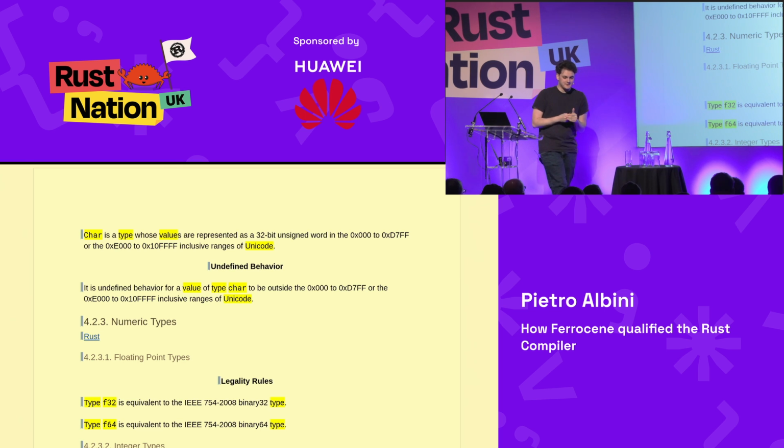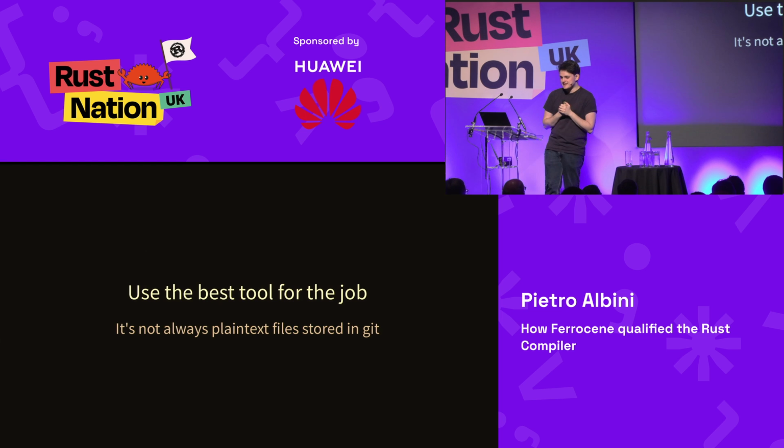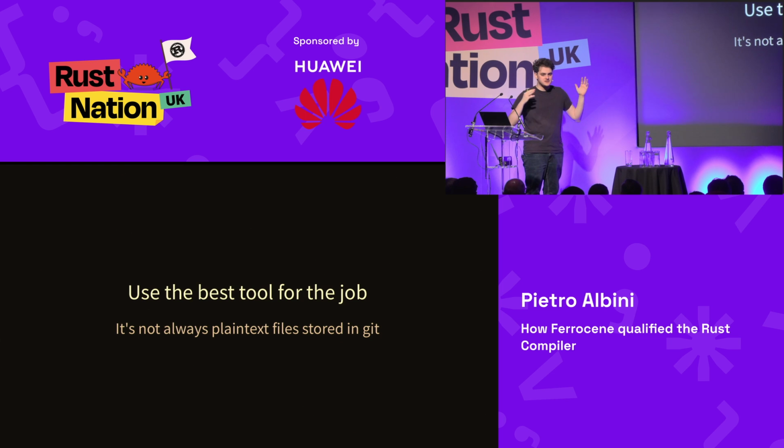But why did we do it that way? Why didn't we just use GitHub and put markdown files or structured text files in a Git repository? Well, because you really have to use the best tool for the job. And for us, working on a large technical document, Google Docs was actually the best choice, because it allowed us to quickly comment and suggest fixes all across the document.